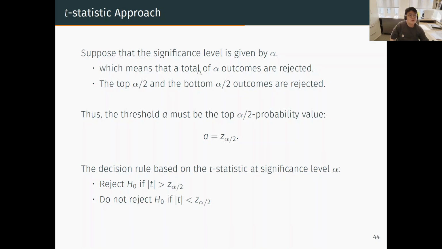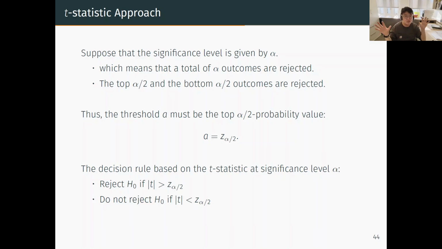And remember, alpha is the probability of rejection, how much you are going to reject. If you think about the standard normal distribution, the outcomes that are rejected are alpha percent, but from 2 tails. So from each tail, you are going to reject alpha over 2 probability: the top alpha over 2 and the bottom alpha over 2, half and half.